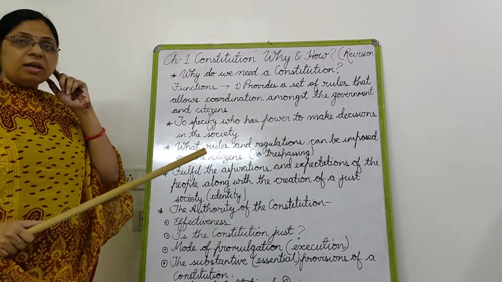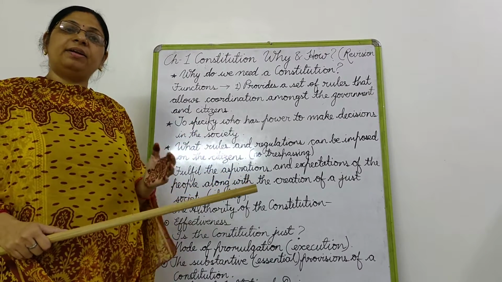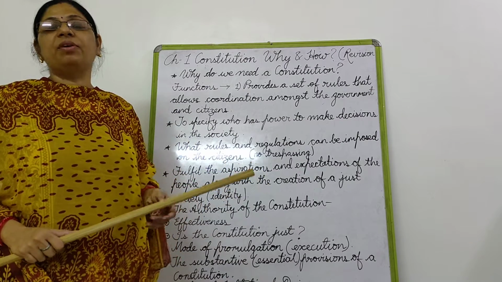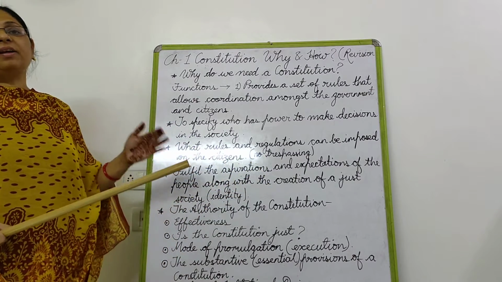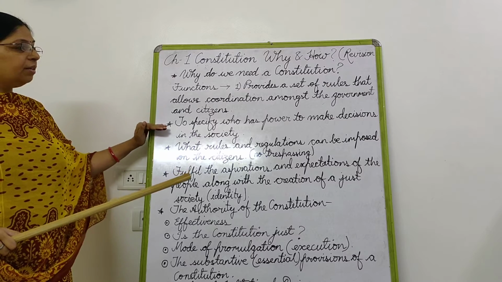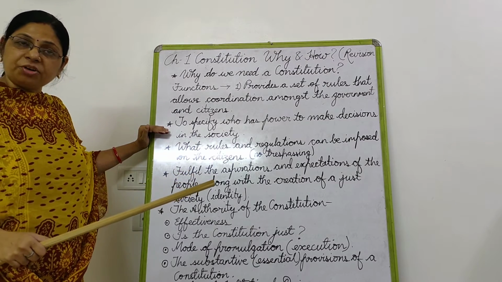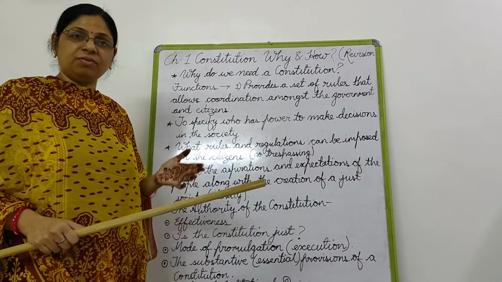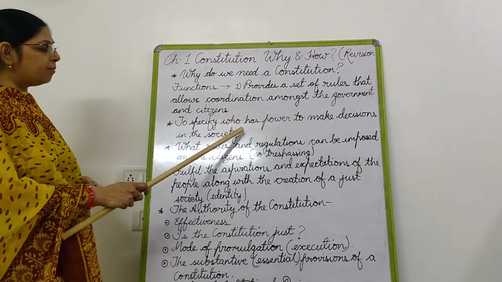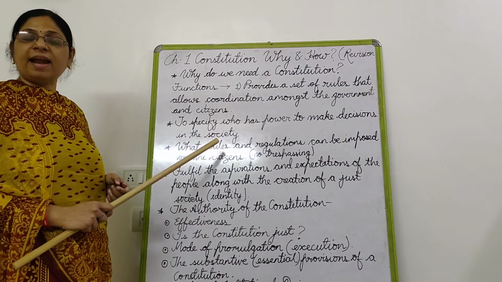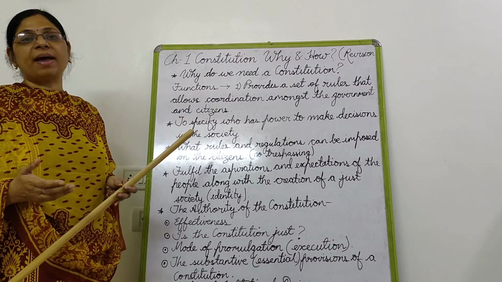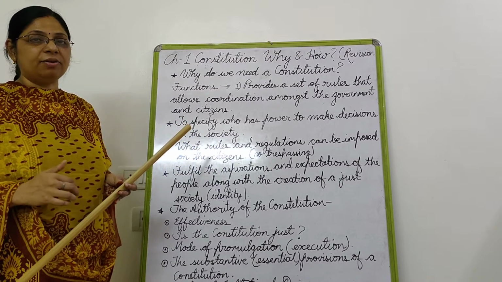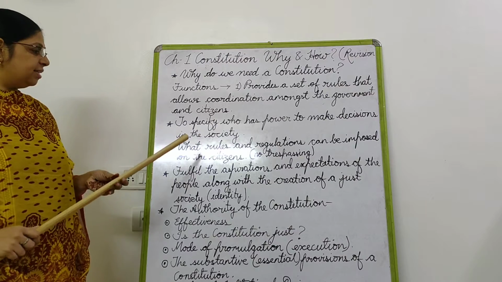Now, the members of parliament, specifically the members of Lok Sabha and Rajya Sabha, along with the President of India, form the rules and regulations for the country, and the citizens abide by those rules and regulations made by the legislature.